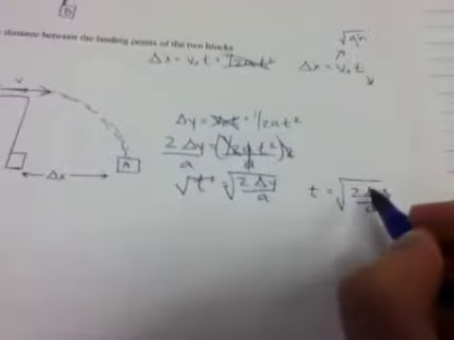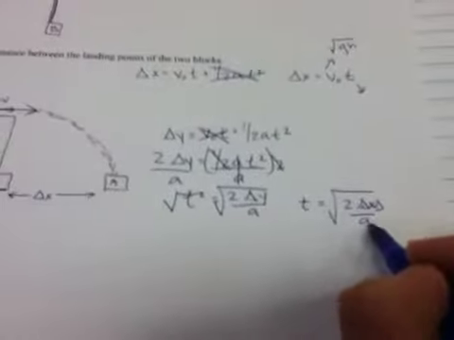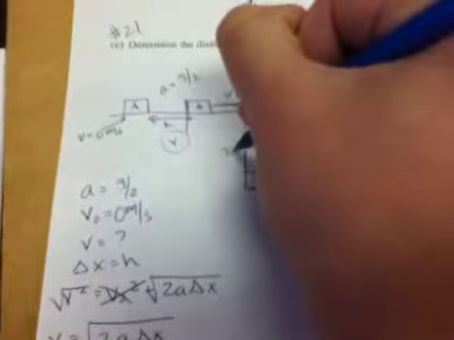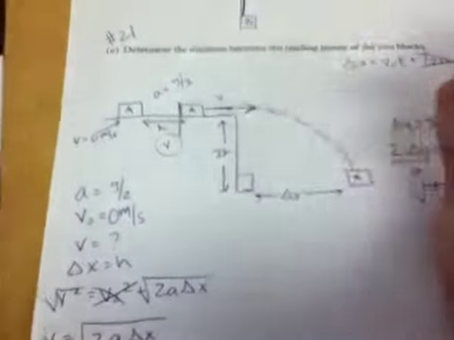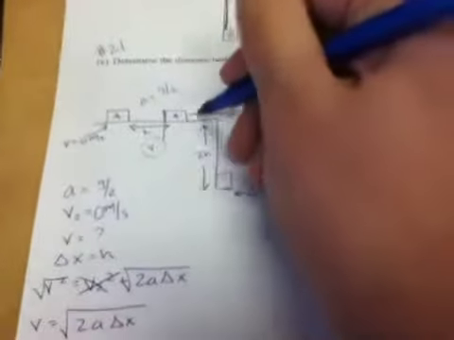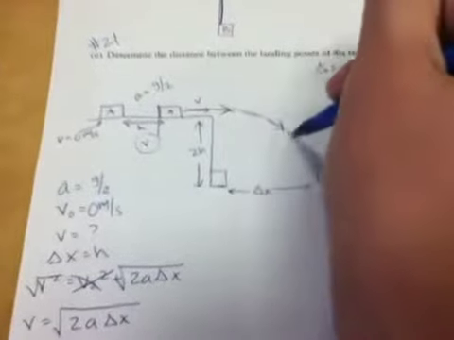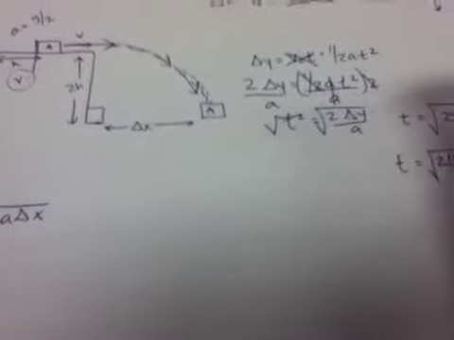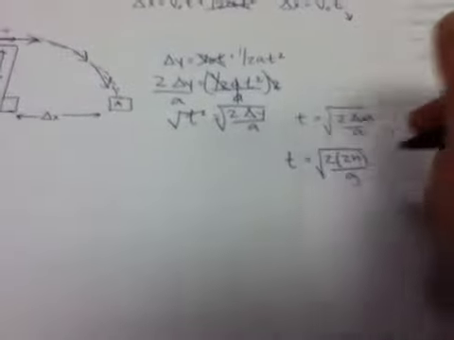But we can't use this change in y, and we can't use the a, so we're going to figure out what they are. This change in y, remember, is 2h. And our acceleration of this block is just going to be due to the acceleration of gravity. So let's plug that in. t equals the square root of 2 times 2h all over g.